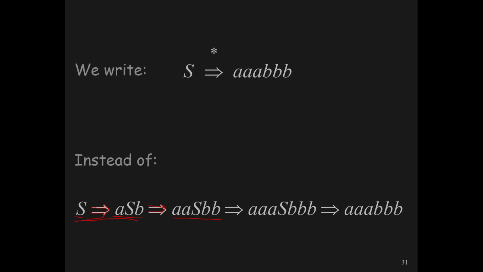But what if you want a shorthand for saying that this variable eventually derives this string? In this case, you just put a star over the arrow, and this just skips all the steps. You don't need to write them, but they're implied by this. There exists some sequence of derivations that takes S and produces AAABBB.